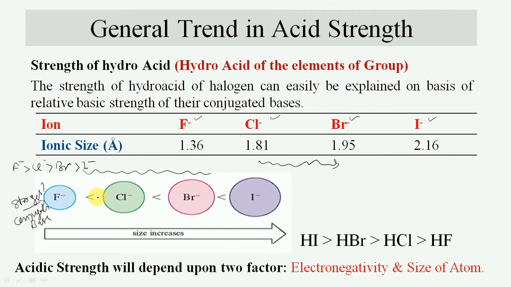Its conjugate acid, hydrogen fluoride, is the weak acid. Similarly, hydrogen iodide, that is the weakest base, so its conjugate acid is the stronger.